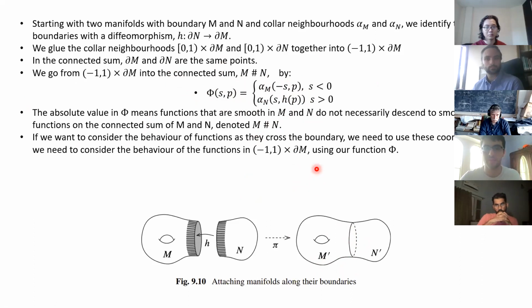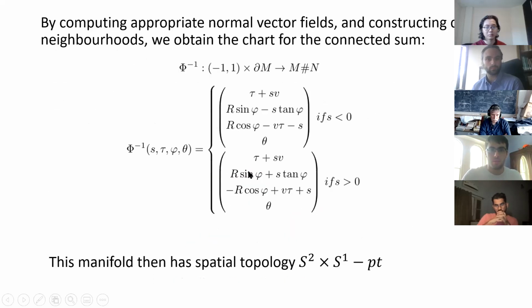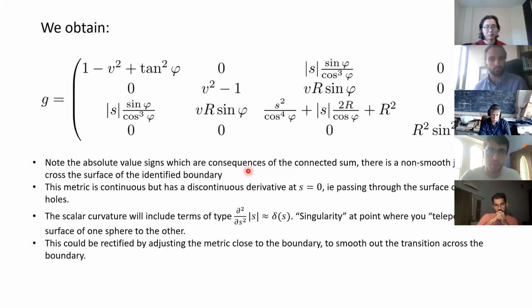So normal smooth functions aren't going to be smooth in the new manifold. And so you have these absolute value terms. So the metric is continuous, but it doesn't have a continuous derivative.